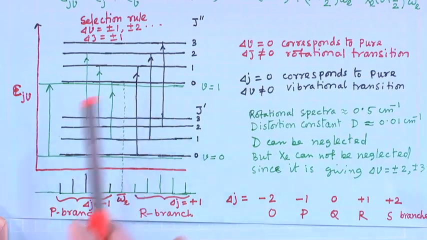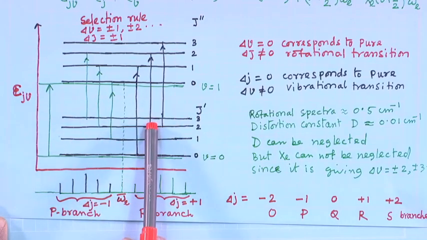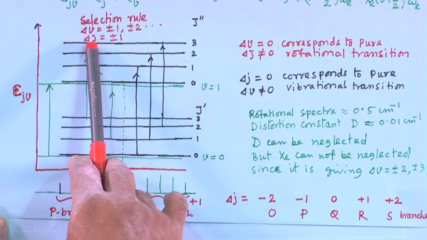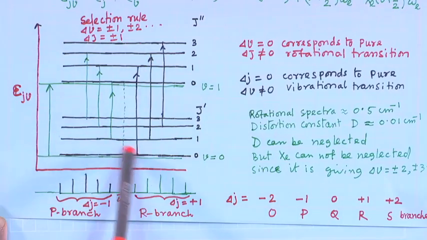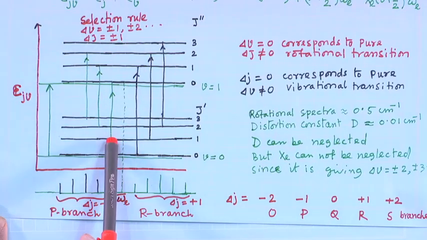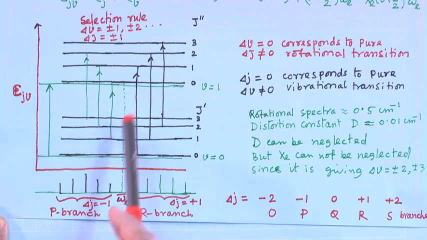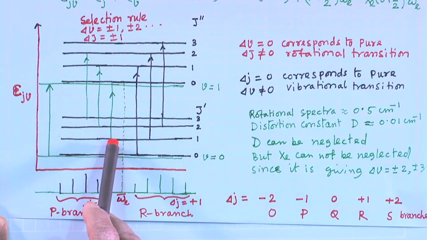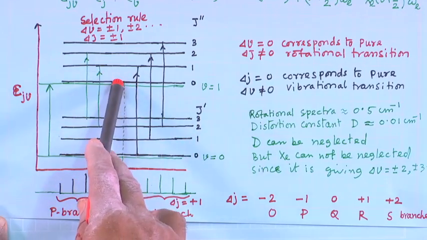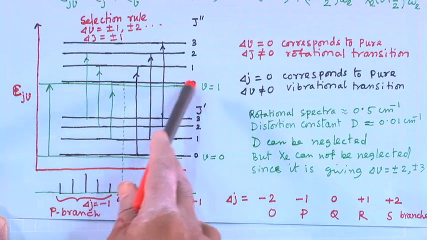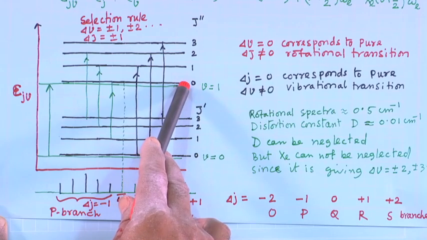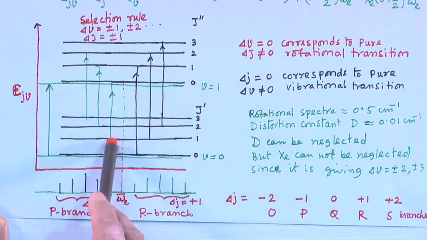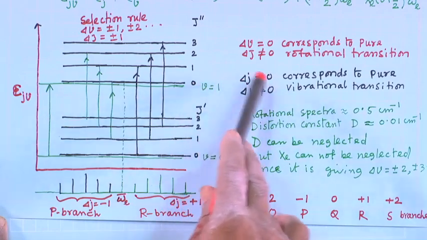Here there are many rotational energy levels, and following the selection rule del j equal to plus minus 1, if I consider the transition for del j equal to minus 1, it means from j equal to 1 to j equal to 0. The final rotational quantum number is 0, minus the initial quantum number 1, so 0 minus 1 gives minus 1.